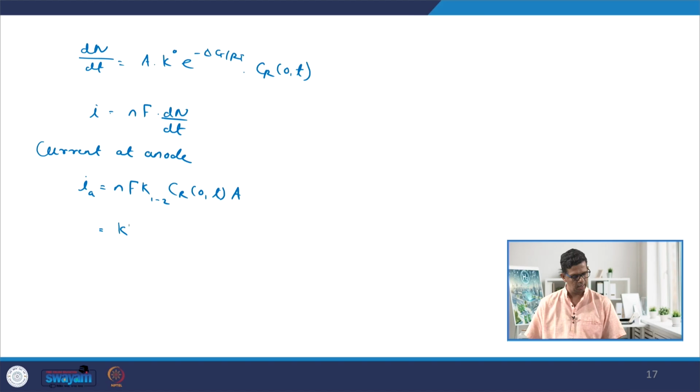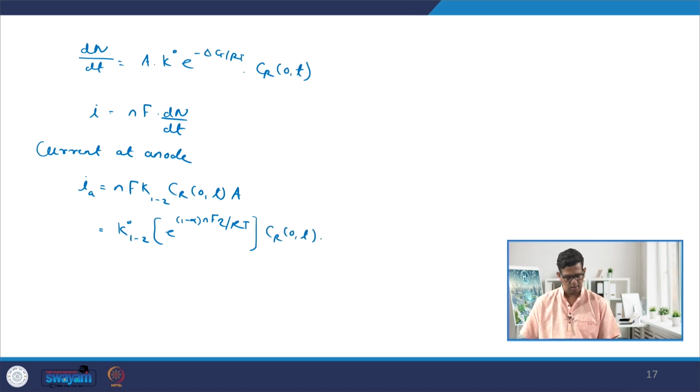It is k naught 12 e to the power (1 minus alpha) nF eta by RT. So I have taken nFA and Cr(0,t) outside, and what is left is K12, for which I have substituted k012 times this parameter.